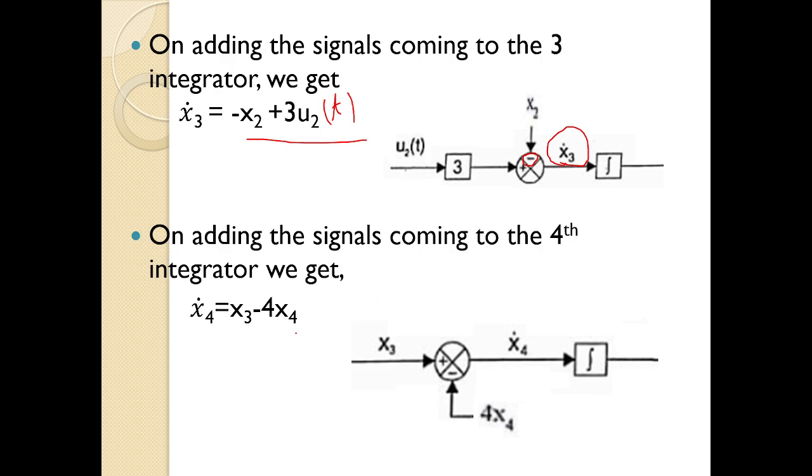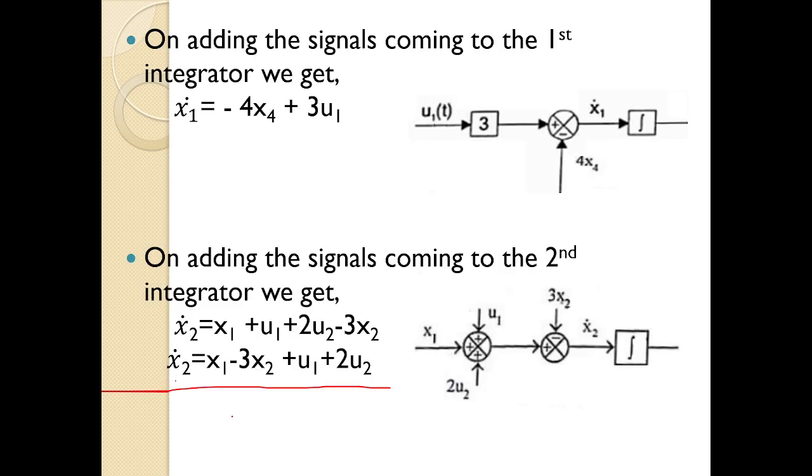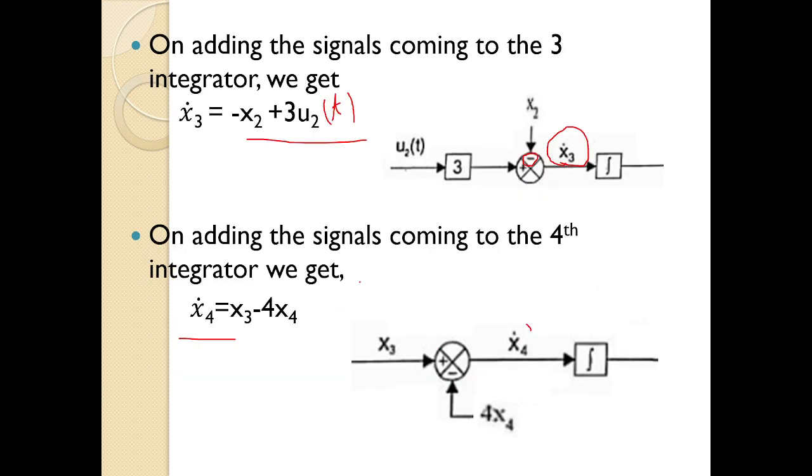Similarly x4 dot, that is first derivative of x4, is equal to whatever summing point is connected here. I am taking all these terms from this x4 dot, you can see here. So 4 into x4 plus there is x3. So x4 dot is equal to x3 minus 4x4. Here minus is there, that's why minus. So x3 minus 4x4 is x4 dot.